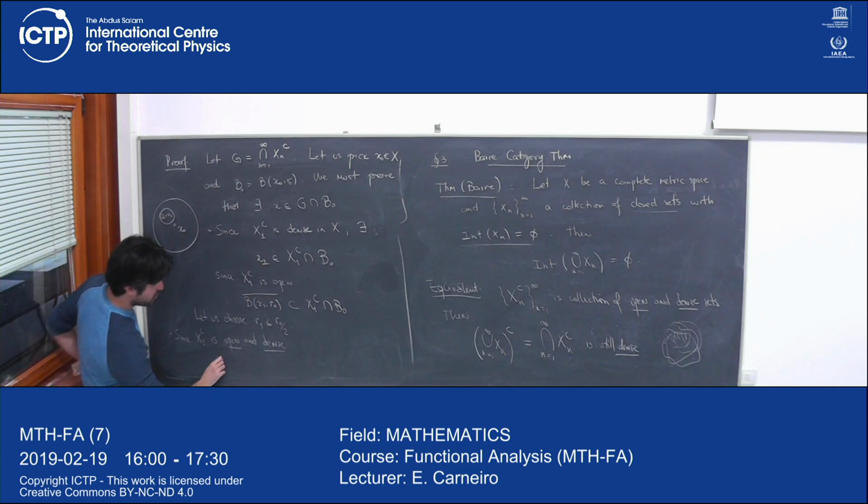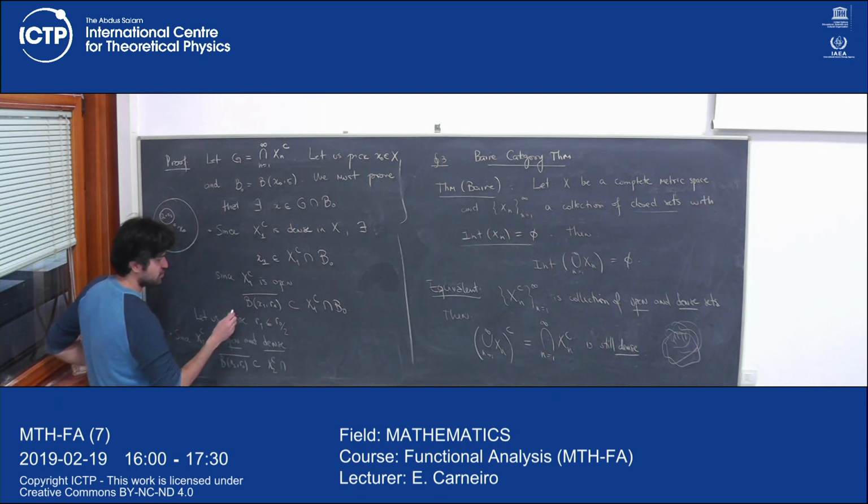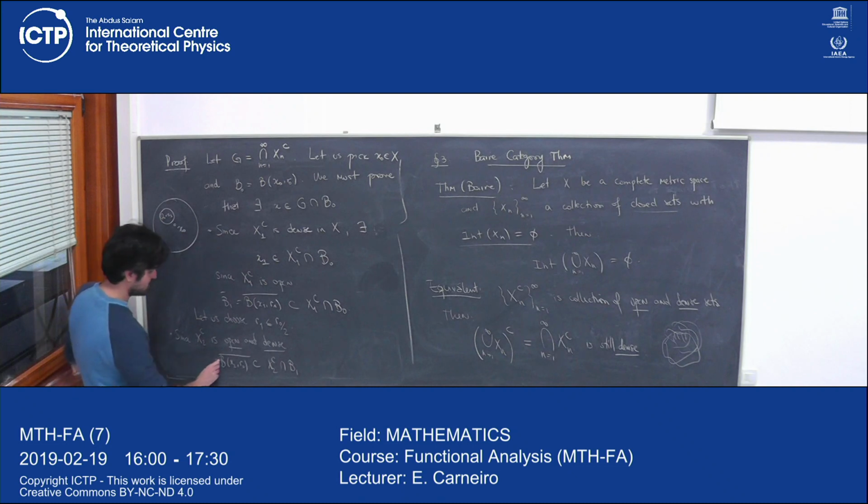So there exists a little ball B with center x2 and radius R2, such that the closure is contained in this X2 complement intersect. Let's call this ball B1. Let's call this ball B2.